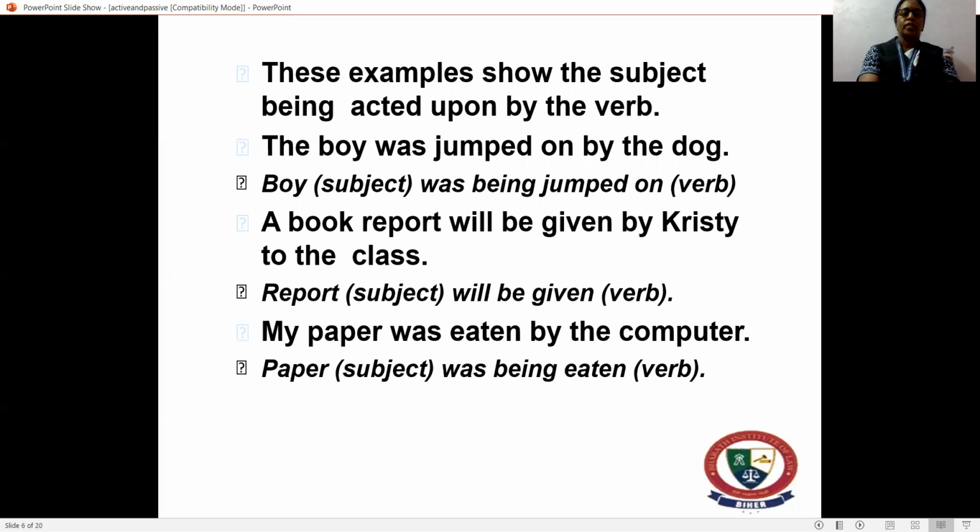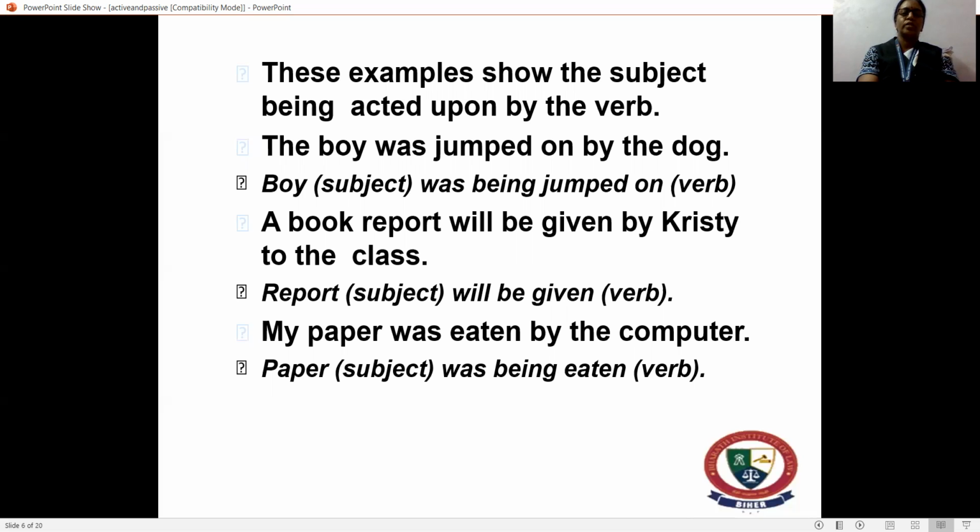Similarly, a book report will be given by Christy to the class. Here again, the book report, which in the active form is the object, has now become the subject, which will be given tomorrow or in the forthcoming days.